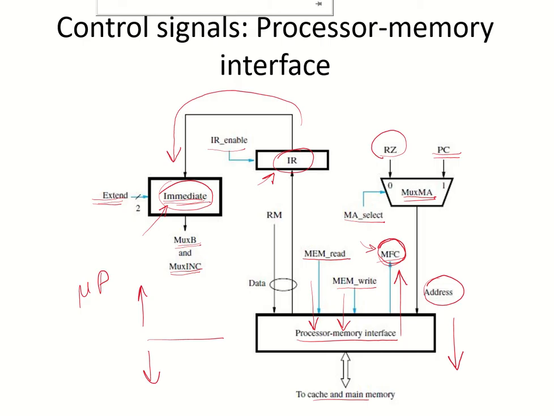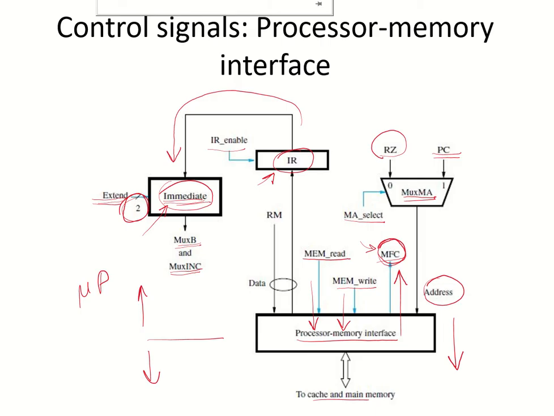So depending on the three operations, this has 2 bits of control signals. So I hope you understand the control signals for the processor memory interface.